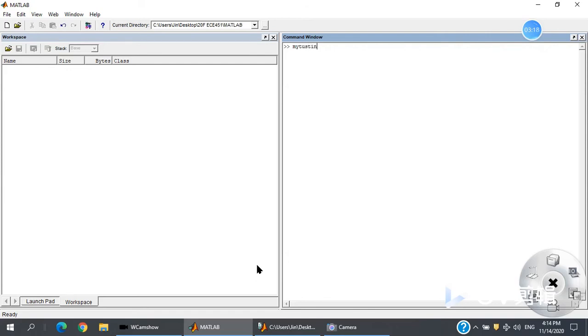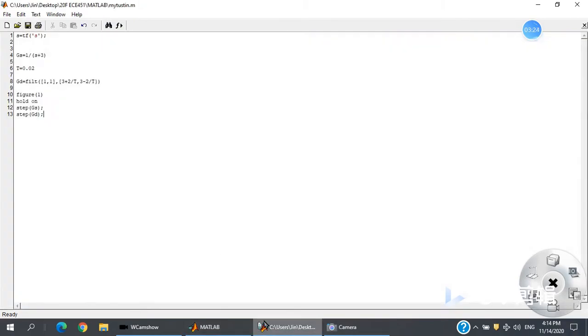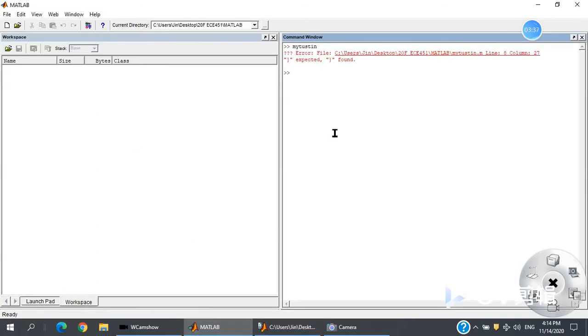Testing. Okay, something wrong. Line 8, 27. Line 8, 27. This one, oh, this one. Some mistake. Okay. Something wrong. I can run it from the editor, now it's from the command window.